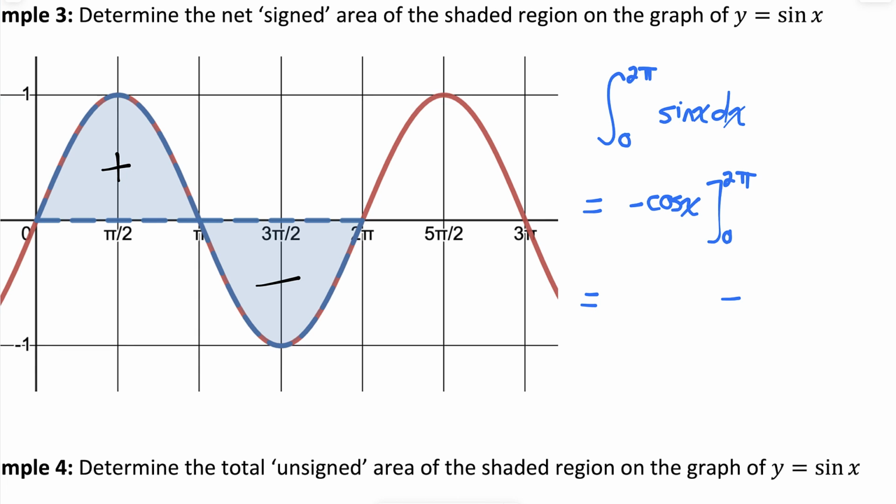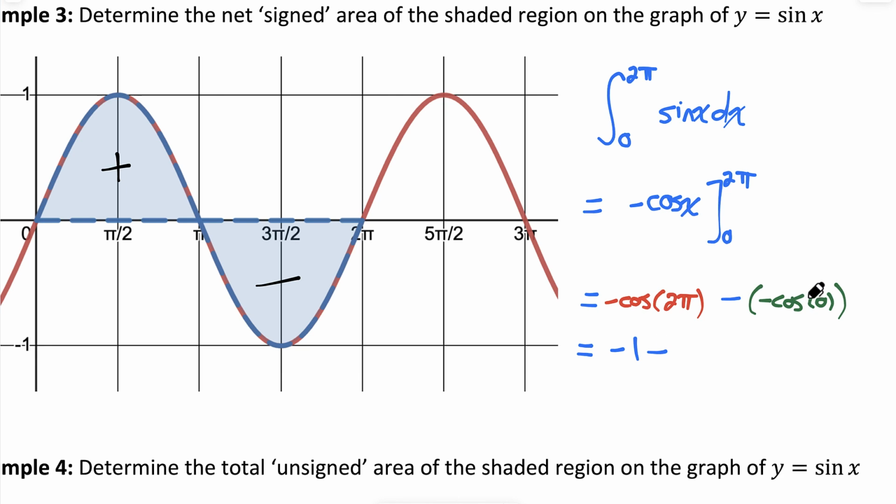So I will find the value of negative cos x at 2 pi, and then subtract the value of negative cos x at 0, and that will give me the net signed area. So negative cos of 2 pi, I'll write that here, and then I need to subtract negative cos of 0. Well, cosine of 2 pi is 1, so I've got negative 1, minus negative cos of 0.